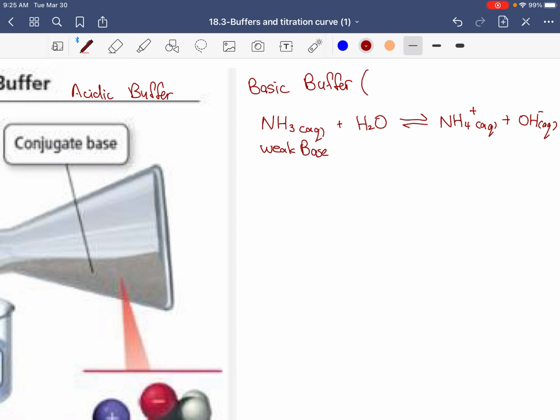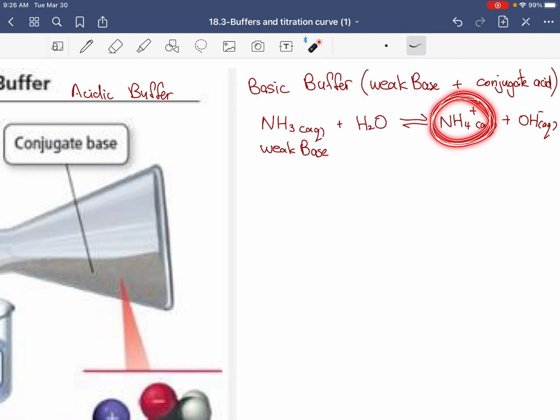For a basic buffer to exist, you want to mix a weak base with its conjugate acid. Okay. And the conjugate acid will be this guy. This guy is the weak base's conjugate acid. But obviously you cannot just say, hey, why don't I just put this guy into my beaker and call that a buffer?